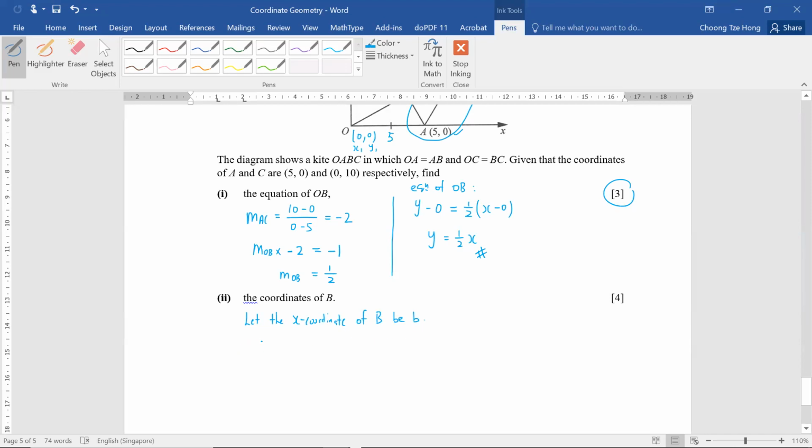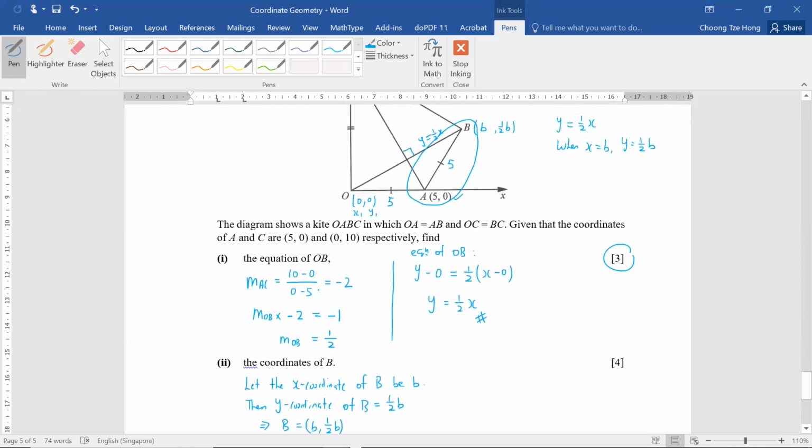So if the x coordinate of B is b, then the y coordinate of B will be equal to half b, right? So essentially I know the coordinates of B already, with one unknown now. And if I can find this value of b, then I essentially solve the question.